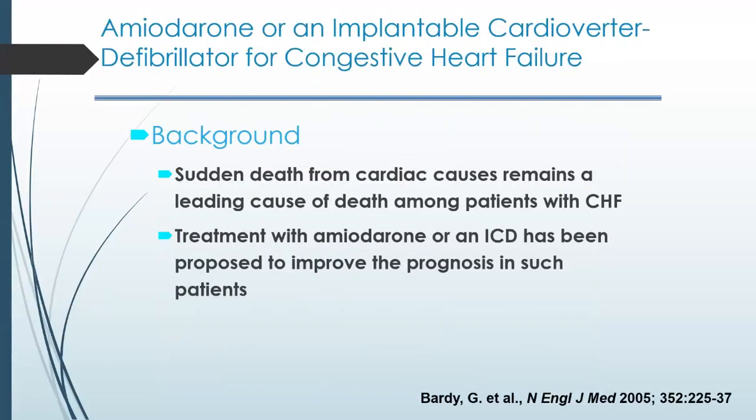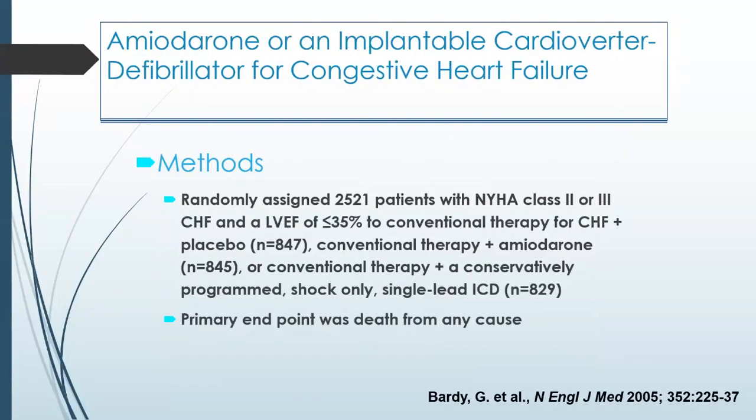And this is just really summarizing what I just said, that these treatments have been proposed to improve the prognosis in patients with congestive heart failure. So in this case, there were over 2,500 patients. New York Heart Association class 2 or 3 heart failure. What does that mean?